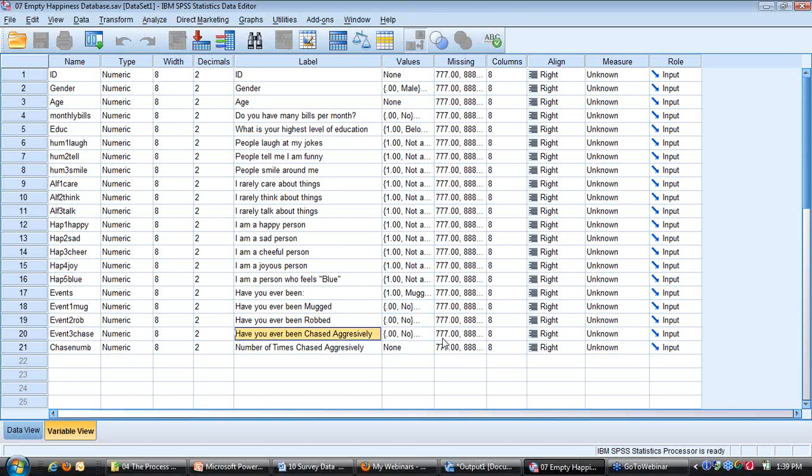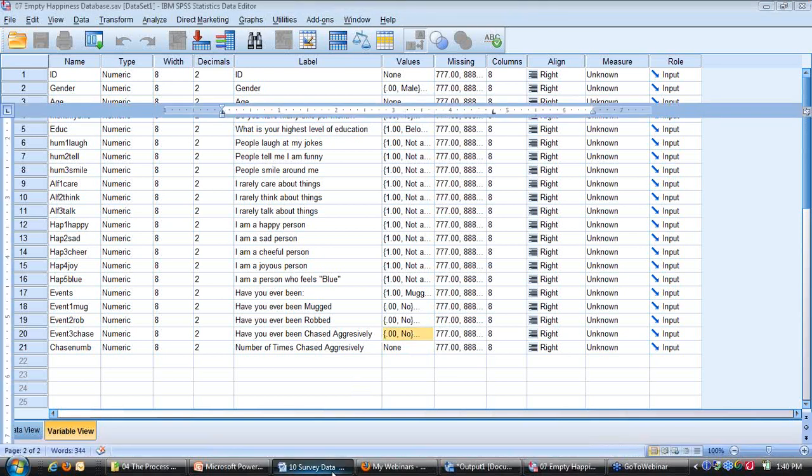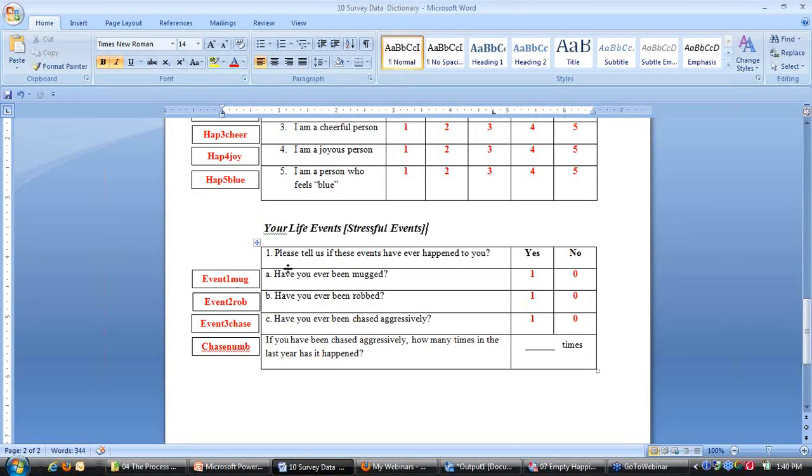Have you ever been chased aggressively? Yes, no. That way you can report how many exposures the person has had, and it doesn't limit to the combination they could indicate. And you'll also see that we've changed the data dictionary so each category, mugged, robbed, chased, is its own variable with its own 1 and 0 responses.